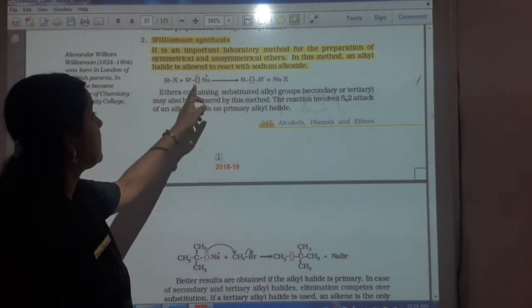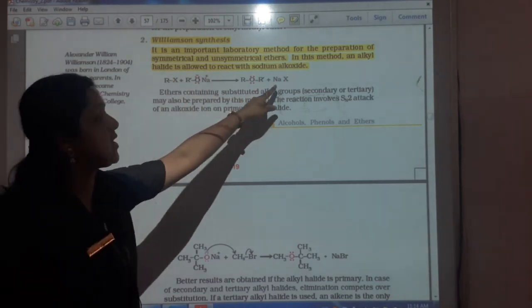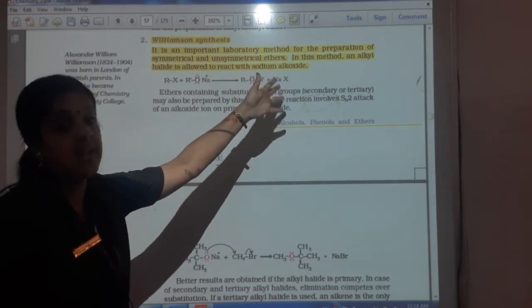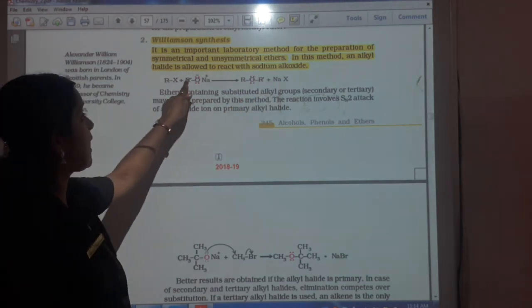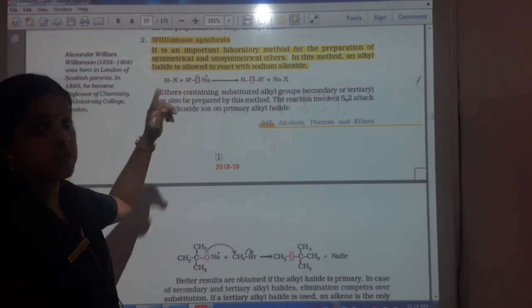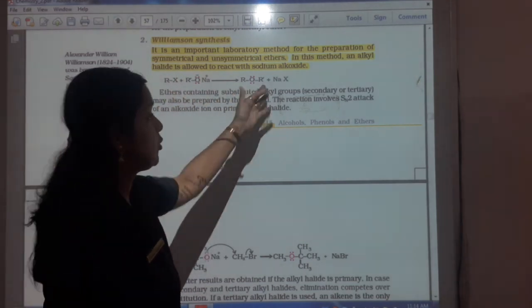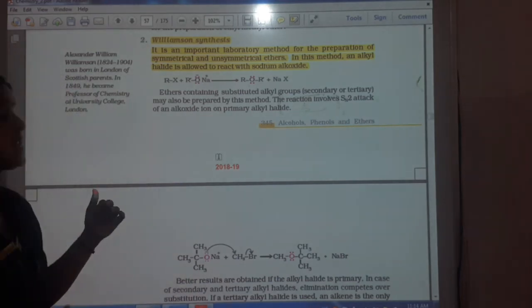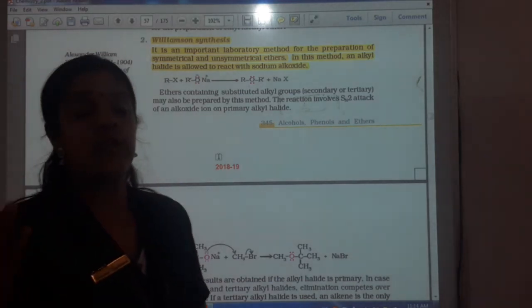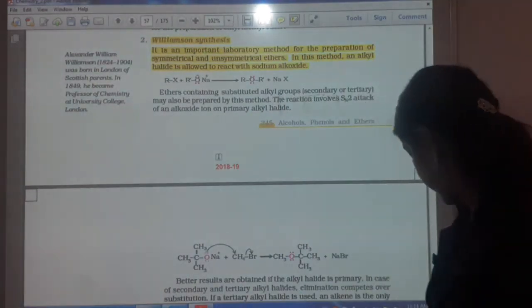Sodium takes out the halogen and comes out as NaCl or NaBr. Whatever is left is ROR'. That is how you prepare it. If both alkyl groups are the same, you get a symmetrical ether. If the alkyl groups are different, you get an unsymmetrical ether.